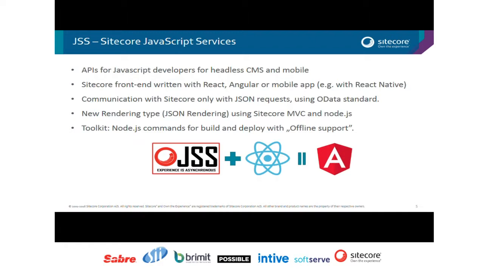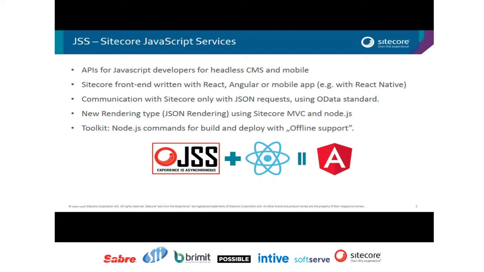Yeah, so why is this, in my opinion, the biggest announcement? Because first of all, if you right now develop on Sitecore, it's quite problematic to build a modern front-end application.